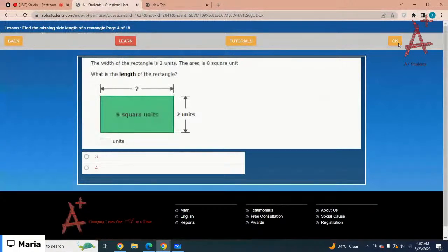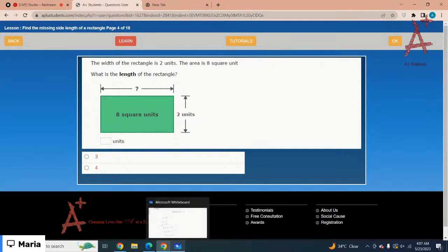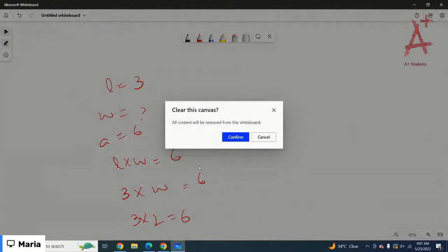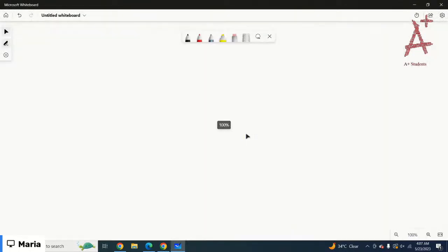Okay, the width of the rectangle is 2 units. The area is 8 square units. What is the length of the rectangle? Width is 2, area is 8. So length times width equals 8.